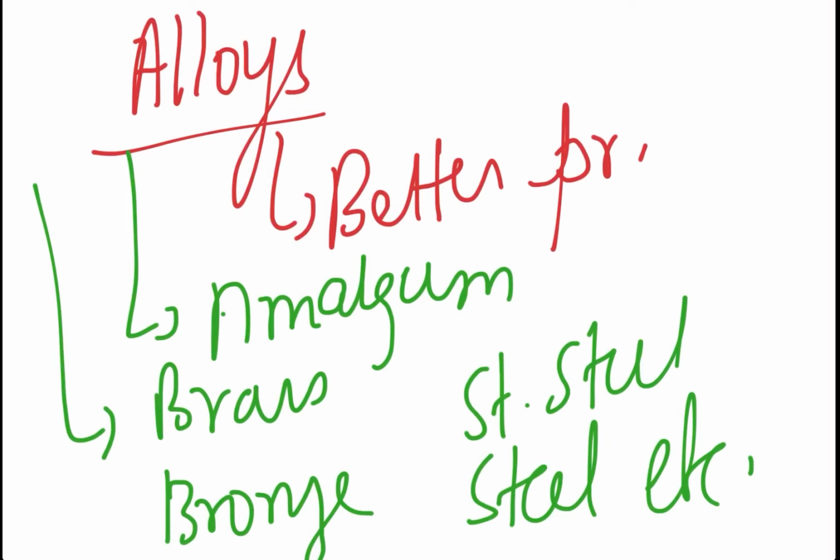I did it that way, and it helps you learn the alloys very well and answer MCQs and fill in the blanks on alloys, which are very famous in the boards. With this we are done with chapter 3.